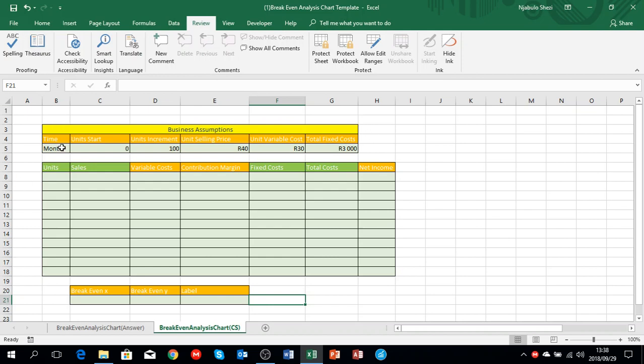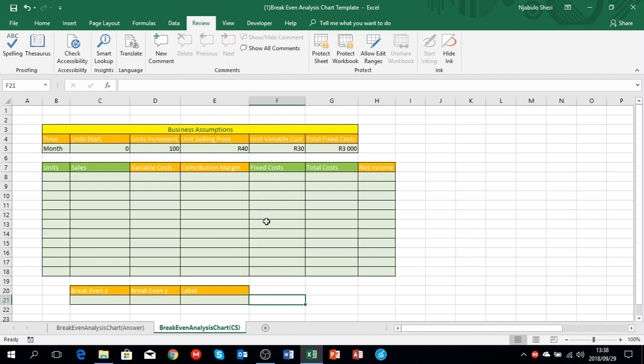So this is over a month, and then our unit start is of course 0, and then our units increment is basically the number of units that our units increase by. An example of this would be from 0 to 100, 100 to 200, 200 to 300, and so on and so forth. Our unit selling price, that's simple, guys.